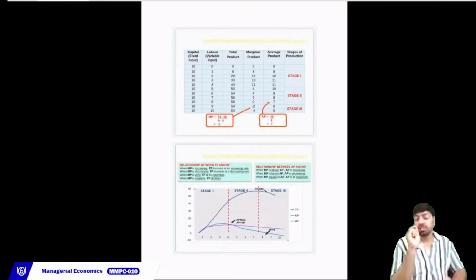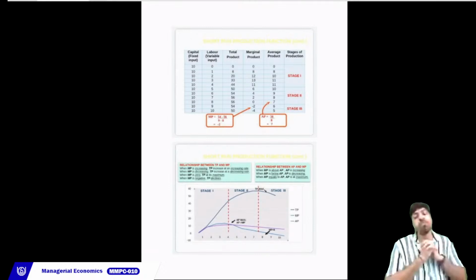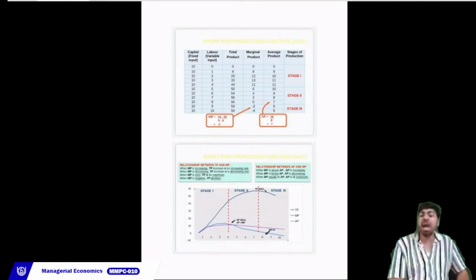So the stage where TP increases at an increasing rate, and marginal and average product increase initially and intersect each other, that is called stage 1.